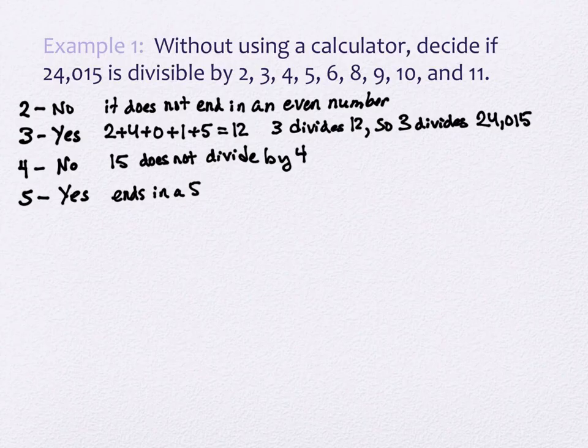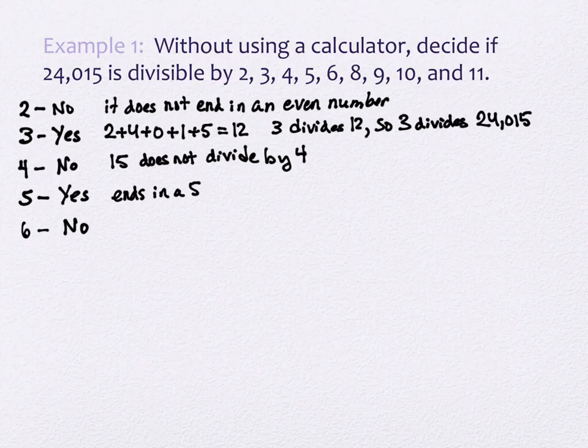What do we have next? 6. Will it divide by 6? Is it a yes or a no? No, it is a no. RJ, how come it's a no? Because it doesn't end in an even digit. That's part of it, yeah.